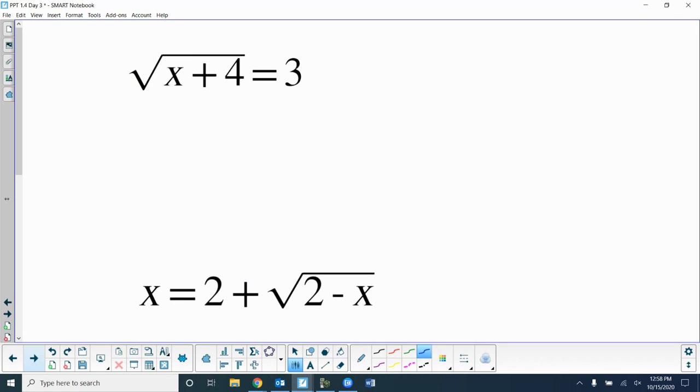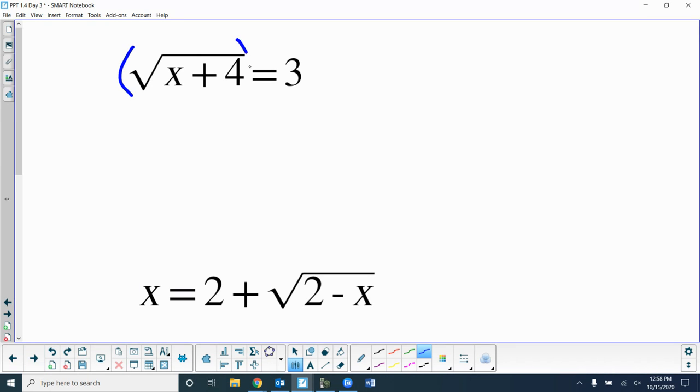Well, the same idea with the radicals. We want to get the radical part alone, everything else on the other side. Instead of square rooting both sides, what are we gonna do? How do we get rid of that square root symbol? Well, what's the inverse of square rooting something? We want to square, yeah. So that's what we're doing on these.